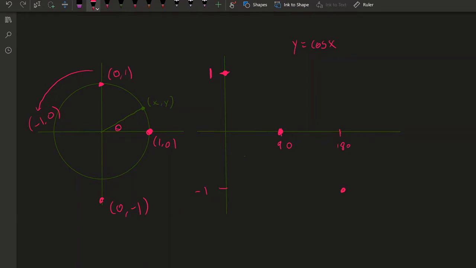And then at 270 degrees, it's back to 0. And then finally at 360, it's gone back to the maximum. So we have this graph right here for the parent function.